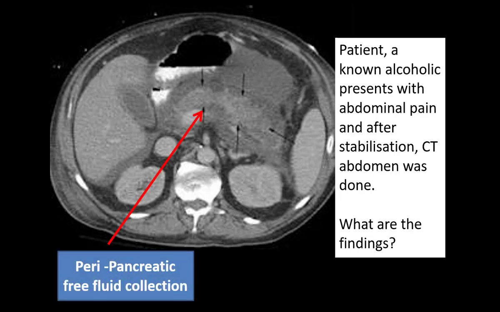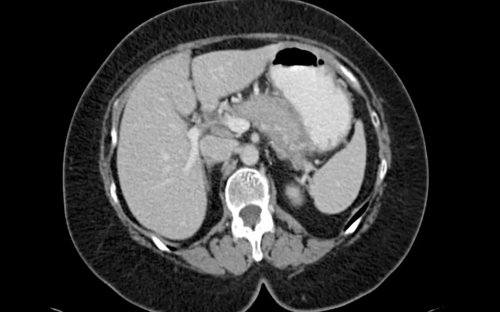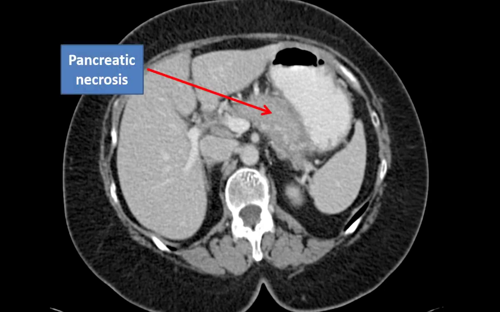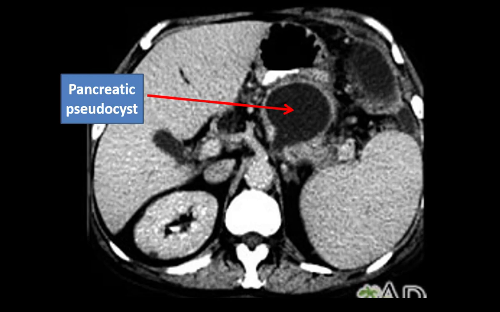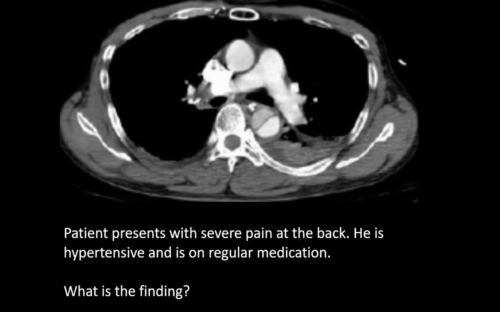So this is peripancreatic fluid collection. And when it becomes necrosed, it does not uptake the contrast, so it becomes dark, hypodense. This is pancreatic pseudocyst. You can see a cyst lining, and the whole pancreas has been converted into a cyst.